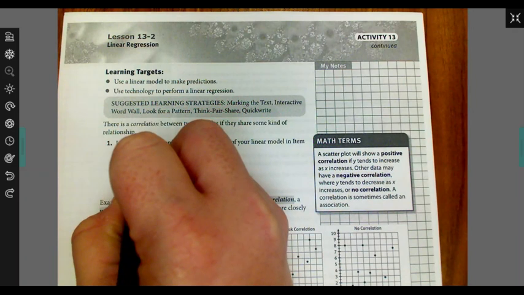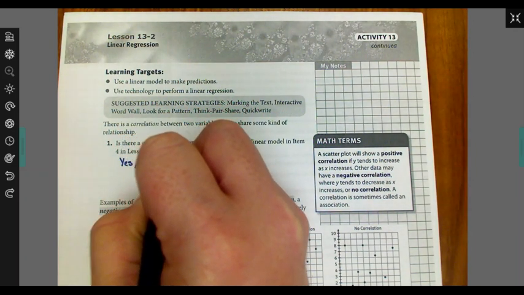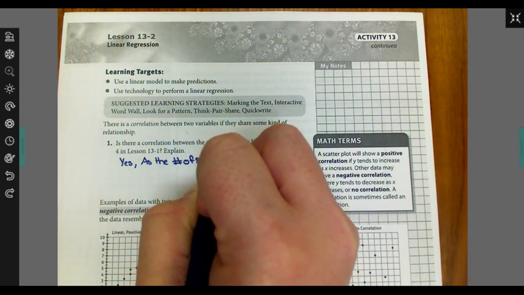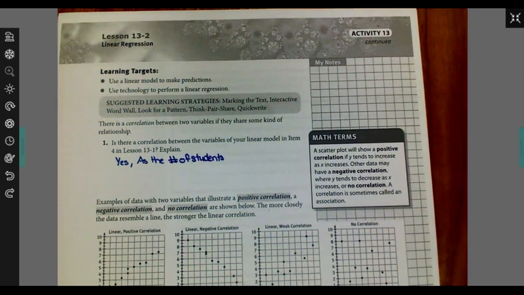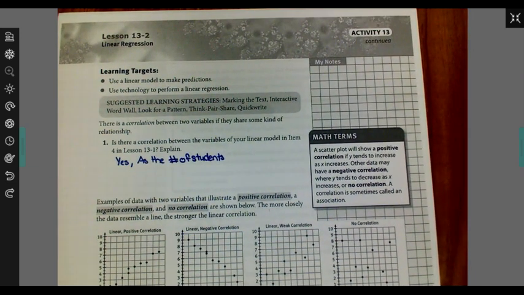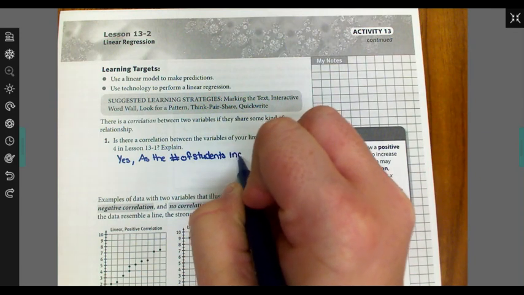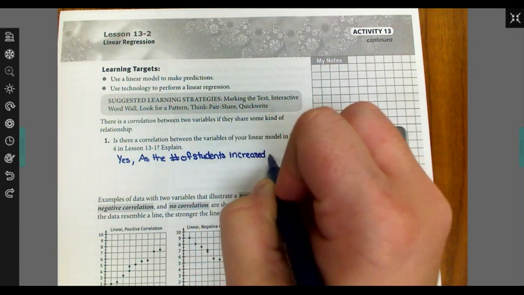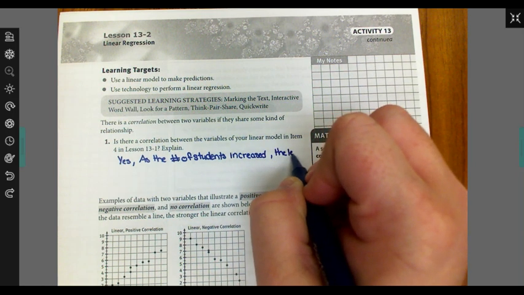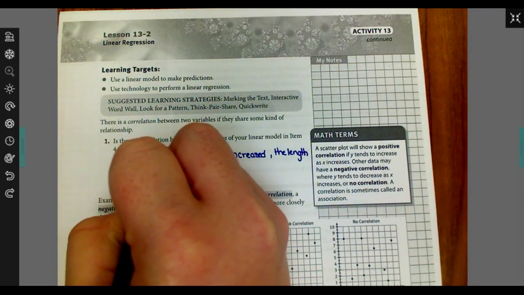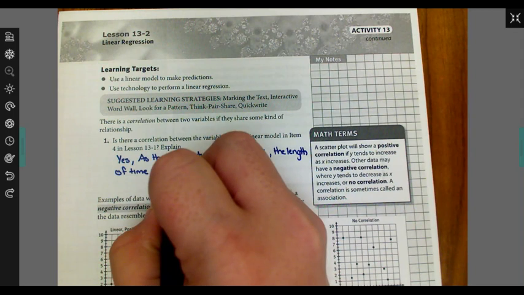So yes, as the number of students increased, the length of time also increases.